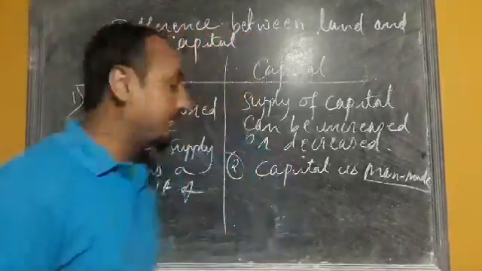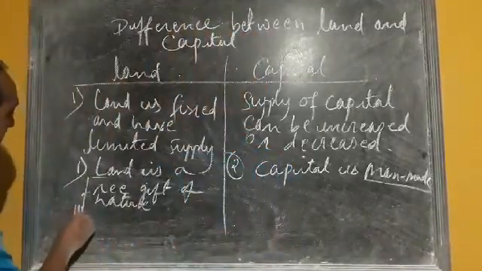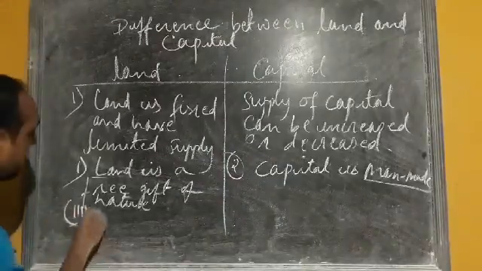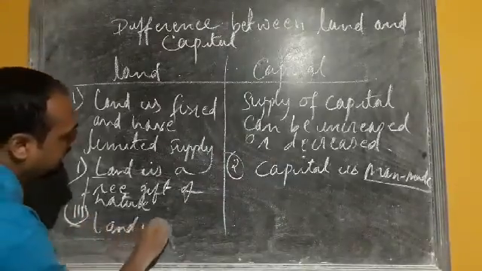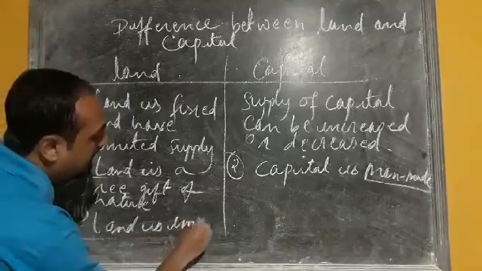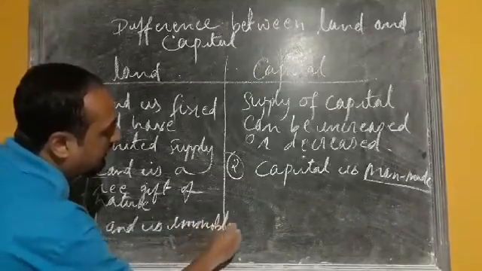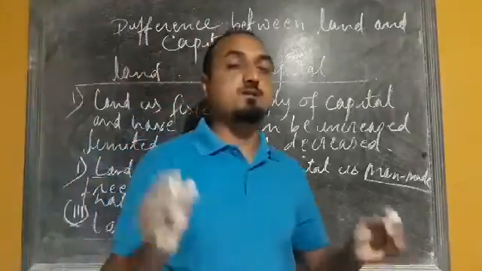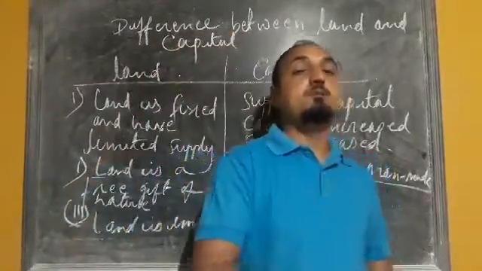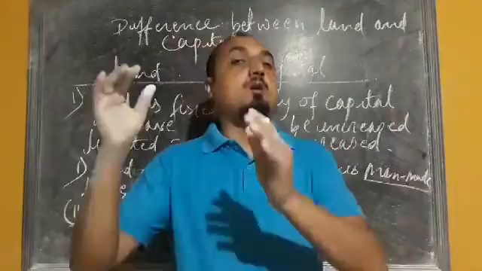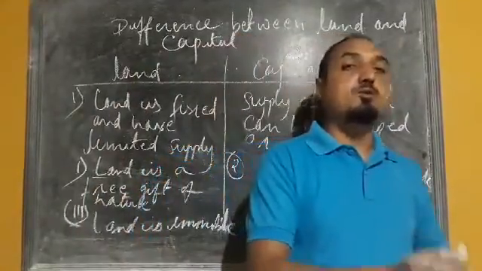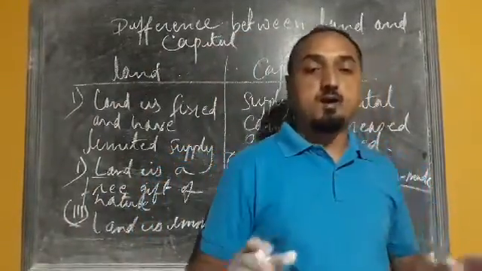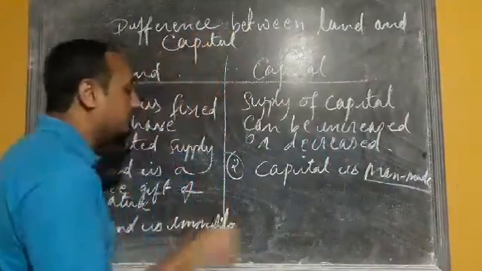And the third difference we have is in terms of mobility. Land is immobile, in the sense that the land of Pakyong cannot be shifted to Gangtok, or land of Gangtok cannot be shifted to Pakyong. So it is immobile. We cannot shift it from one place to another place.